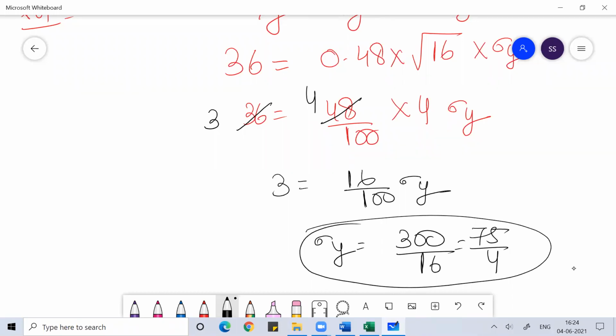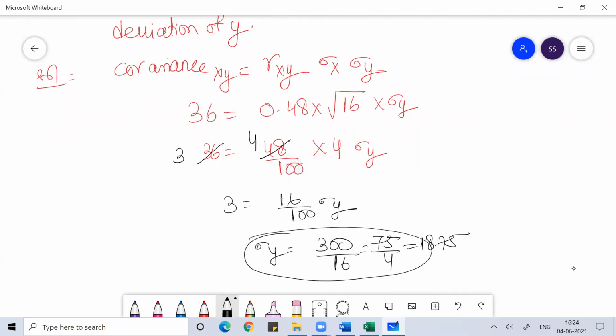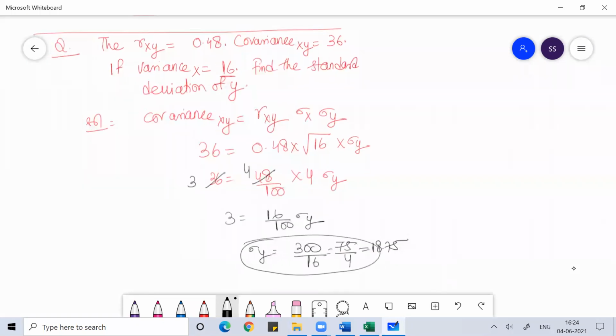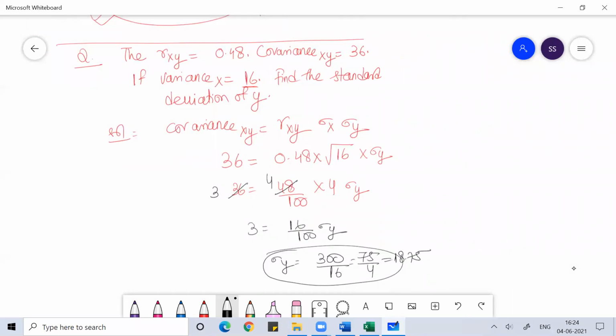So you can find the value, you will get 18.75. Anyone, any doubt?